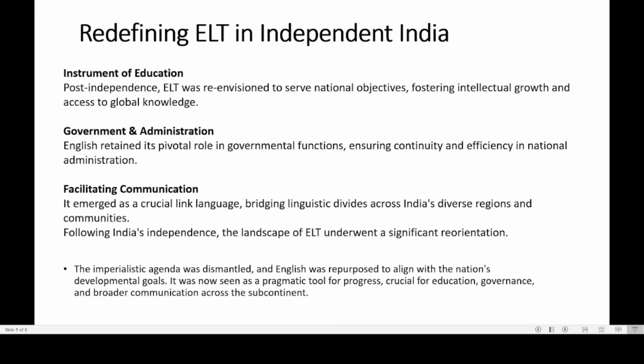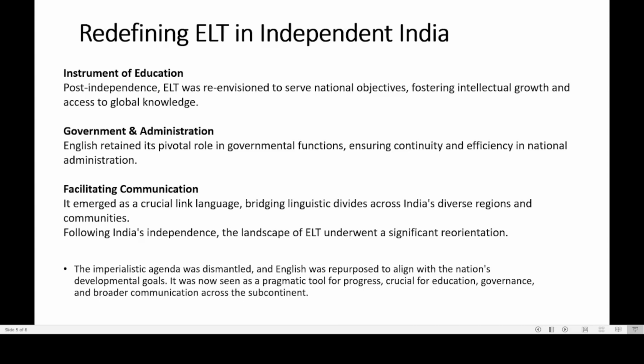And there were different opinions. Some people believed English was a colonial language and should be removed, while others felt that English was still very useful for them. So finally, India decided to keep English but change its role.